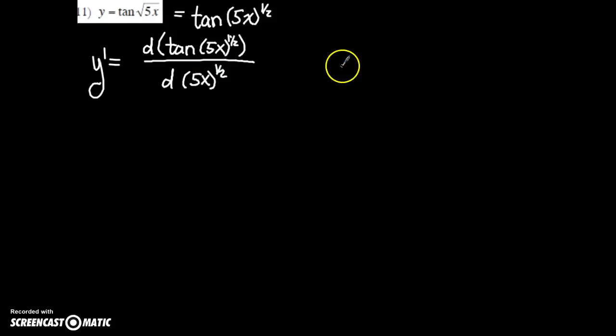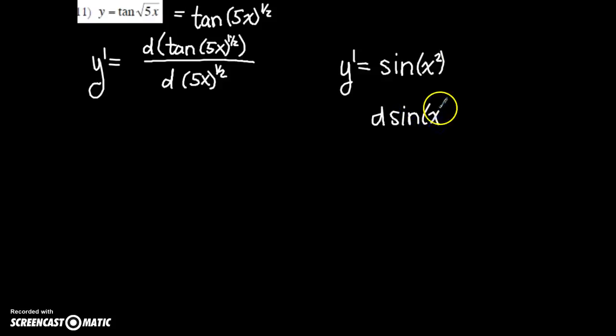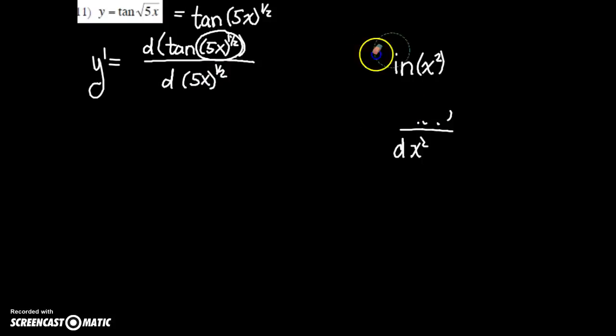And if that's a little confusing, let's take, for example, sine of x, let's say x squared. Now remember, when we take the derivative of this, we take it with this part being the inside. That's the same thing here, except this whole thing is the inside. So that's where we get with respect to 5x to the 1/2. I hope that helps clear that up a little bit.